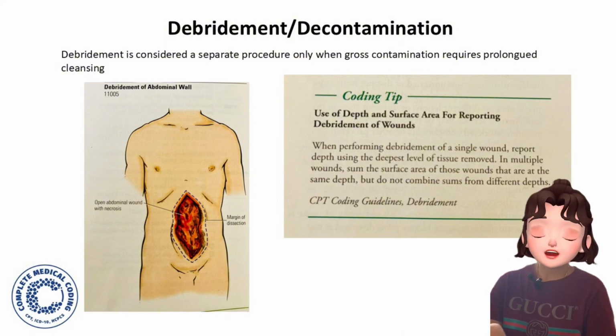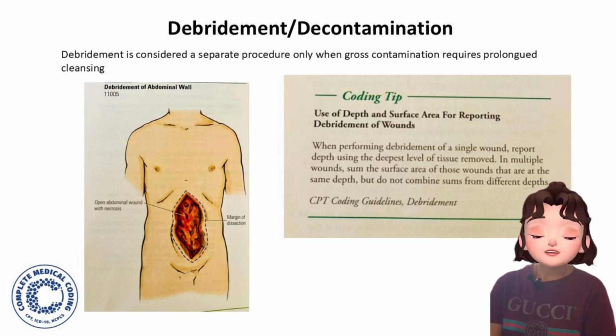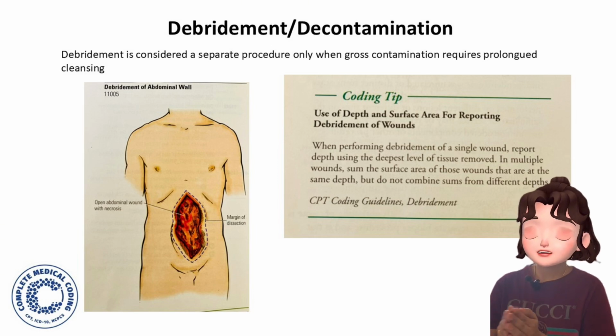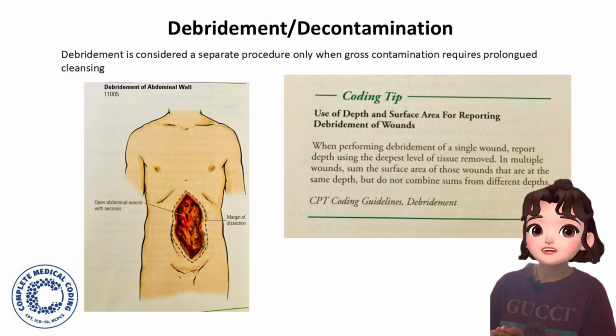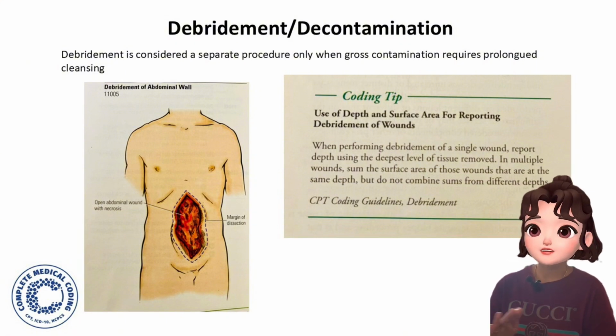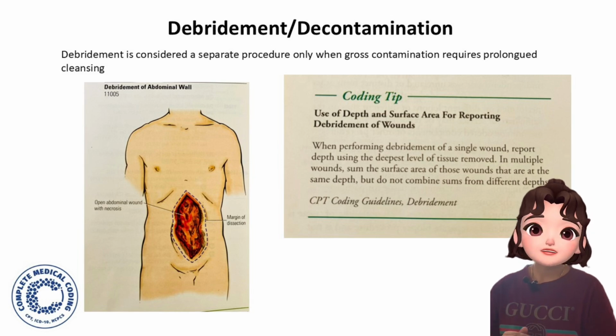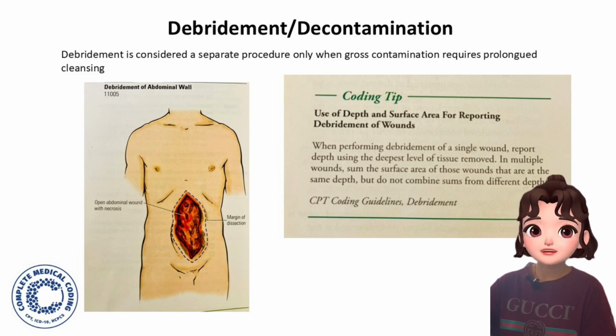Also, you have to look for the shape, whether it's curved, angular, or stellate, depending on the documentation. So in multiple wounds, you have to add from all the anatomical sites that are grouped together in the same depth. You have to sum the total. And if it is in different depths, you should not add. Instead, you have to code it separately.